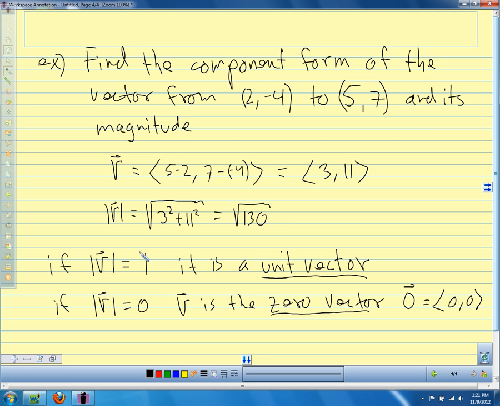So if we have a unit vector, that means its length is 1. The 0 vector means it has length 0. And it's important to remember that the 0 vector is not the same as the number 0. All right, questions so far?